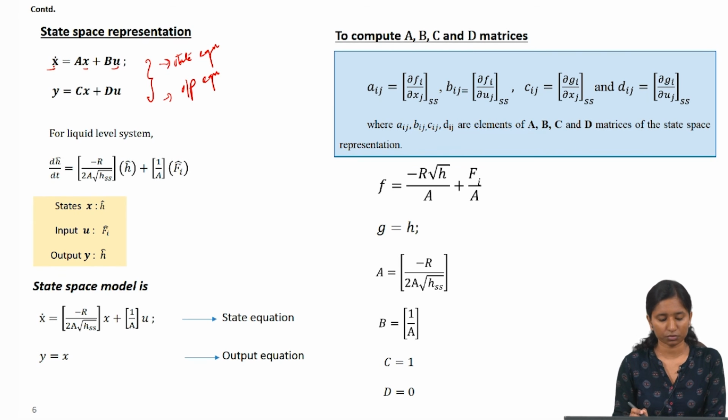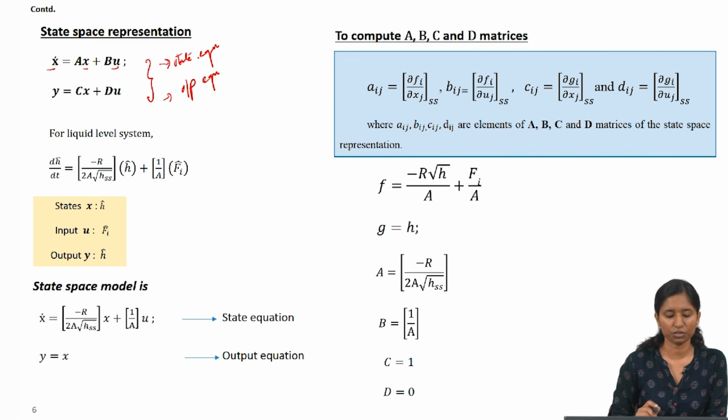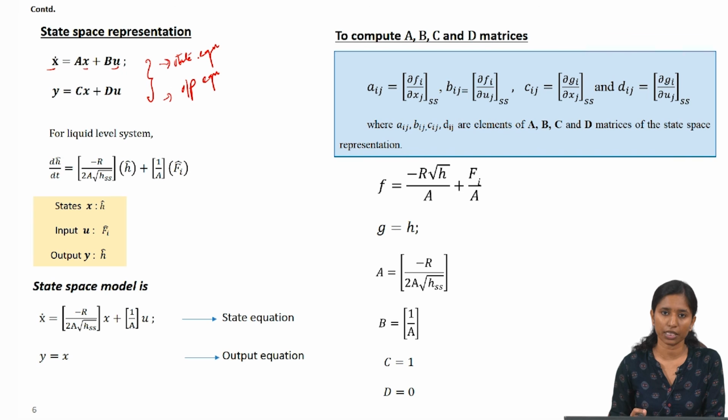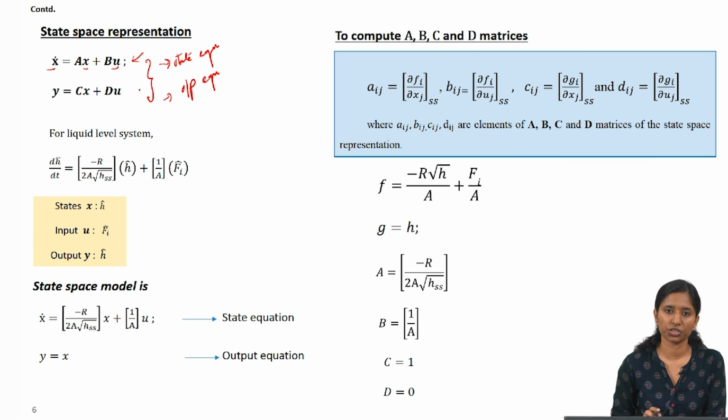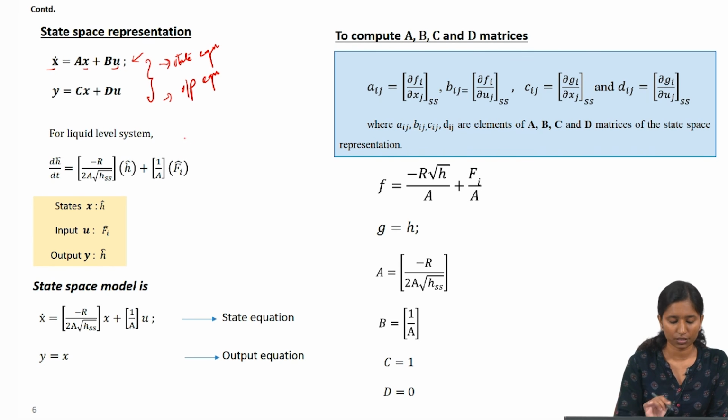So, this state equation shows for a change in input how the state variables change in time. That is what is explained in this equation, and this is the output equation, also known as the measurement equation or measurement model, which gives the output variables. For our particular case, we can develop the state space representation of our liquid level system in the following manner.